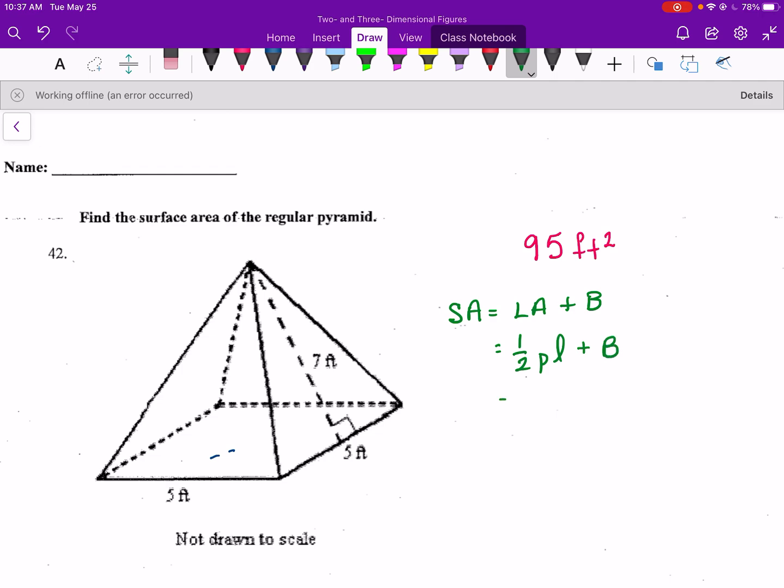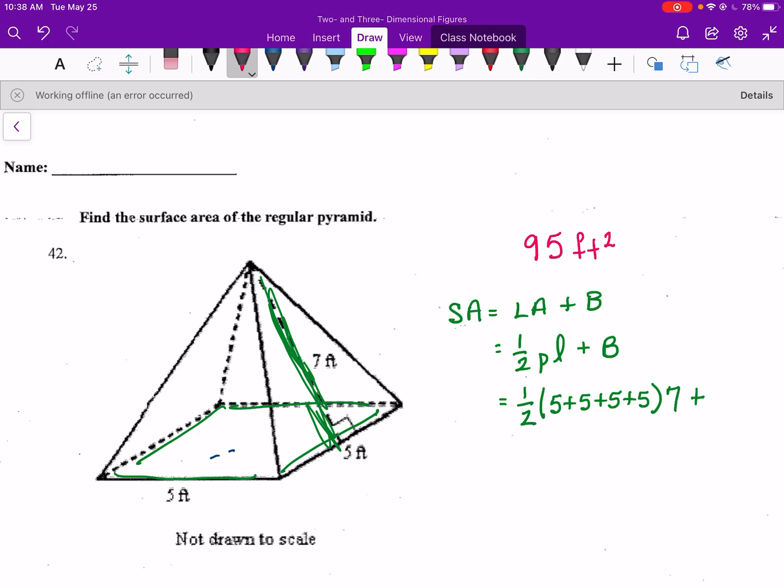So let's plug the numbers in. 1/2 perimeter, all sides are 5. So it's either 4 times 5 or 5 plus 5 plus 5 plus 5. That's perimeter. Slant height is the height of that slanted side.